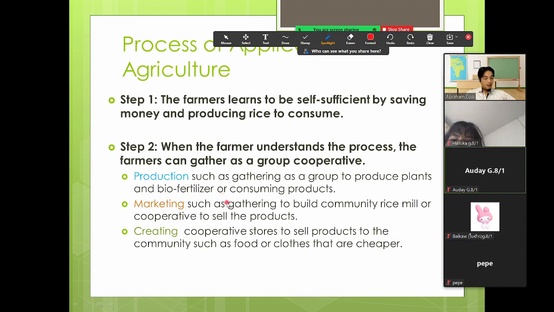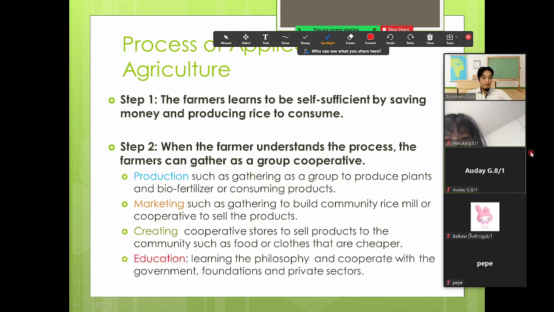And next one, please read. Learning, education, learning the philosophy and cooperate with the government, foundations, and private sectors. The last one is education. Everybody should learn, and together they should learn or teach each other about the philosophy.